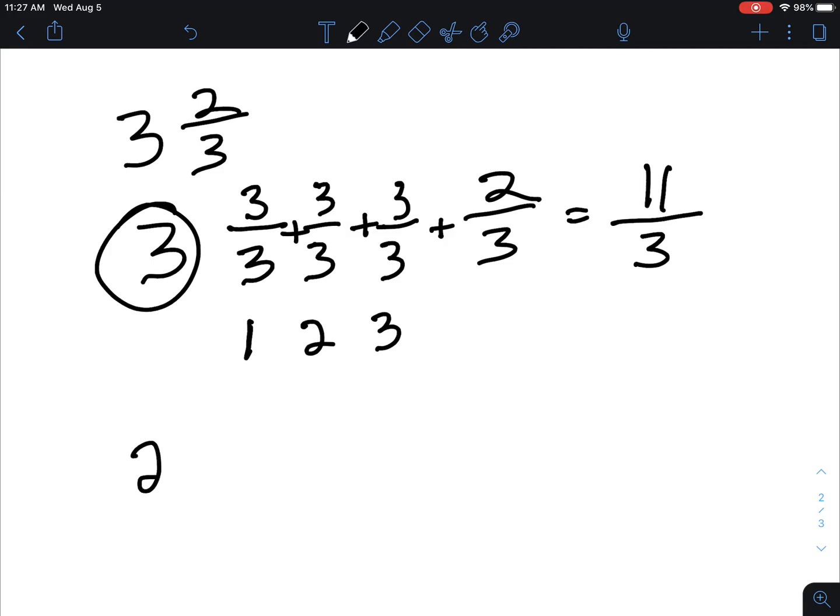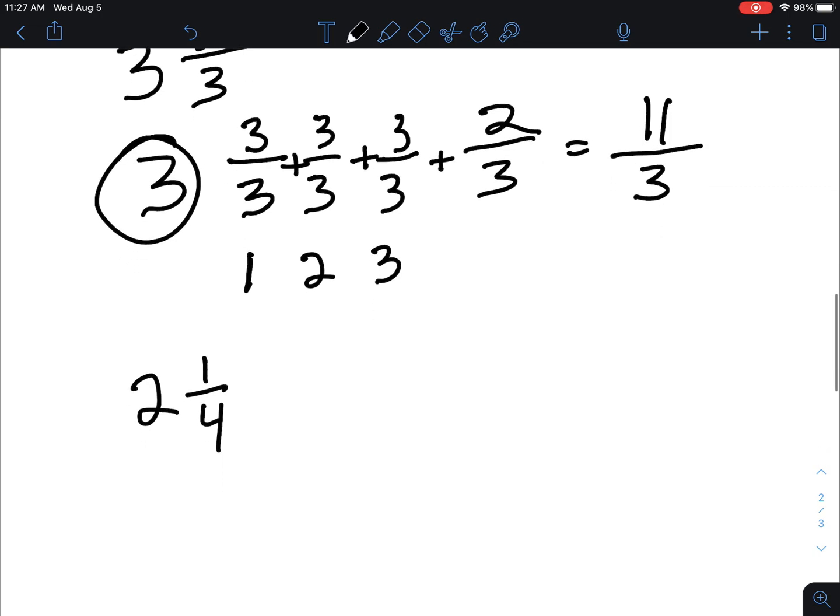So if you had, let's see, you have 2 and 1/4. See if you can make 2 and 1/4 into an improper fraction. All right, so if you do what I did above, you take the fraction, put it over there, and now you want to write 2 as adding 2 fractions.